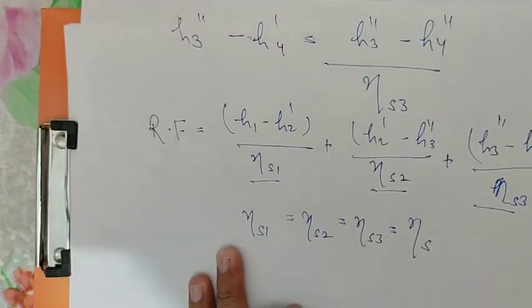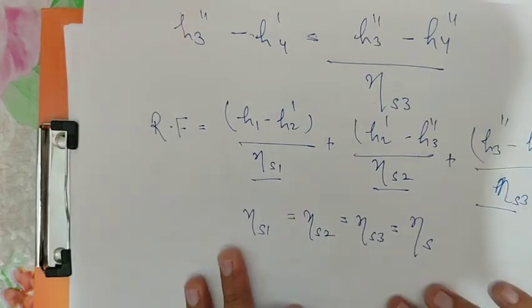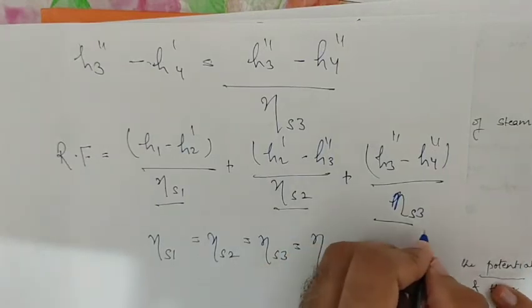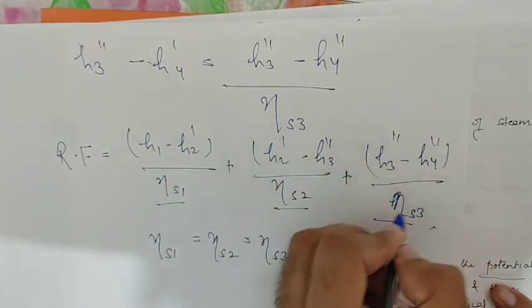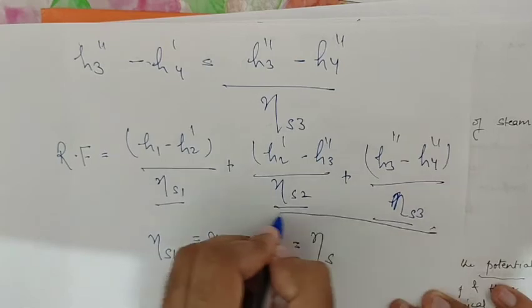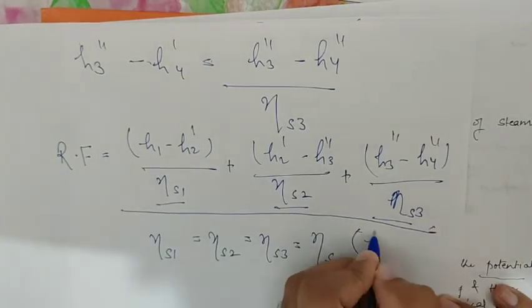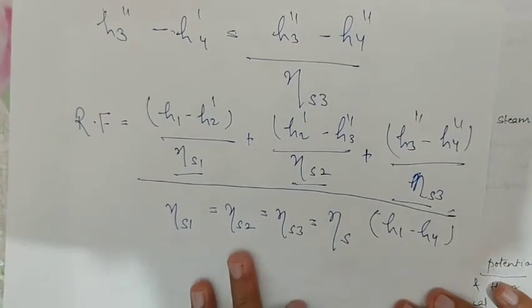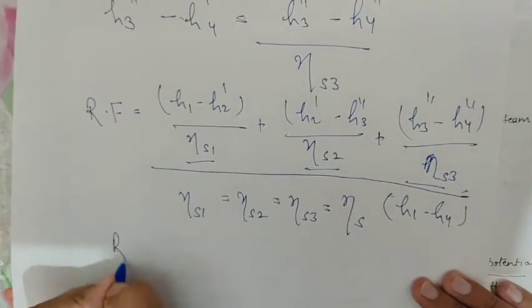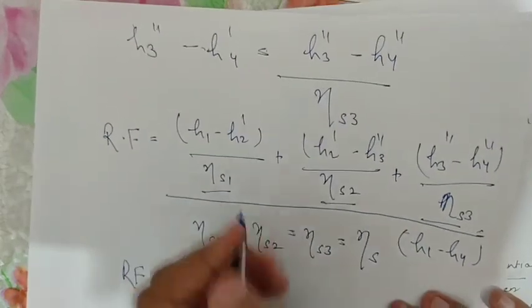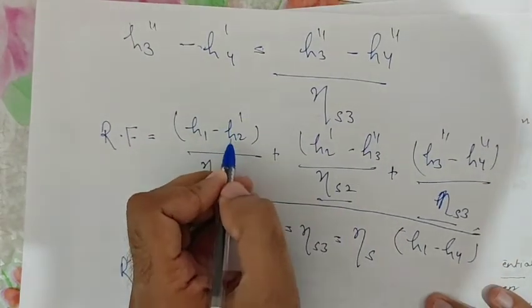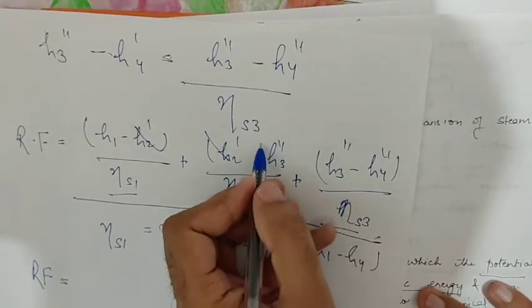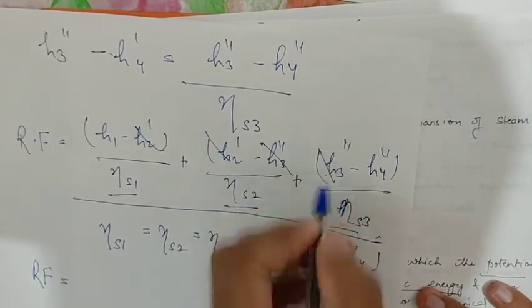Now what will happen if we put the value. This will be the numerator part divided by the enthalpy H1 minus H4, total enthalpy drop in the isentropic process. So RF is equals to, now you can see that this H2 is negative and this is positive, so it will cancel out, as will the 3 double dash terms, where this is negative and this is positive.